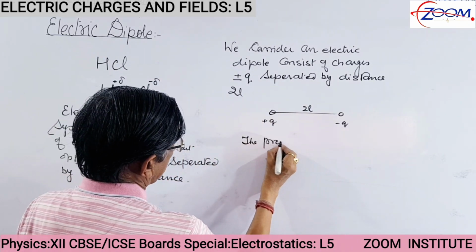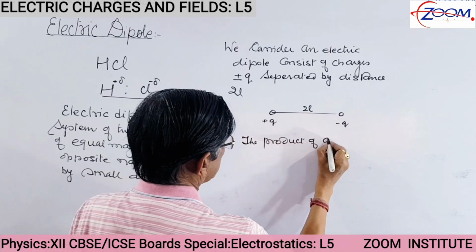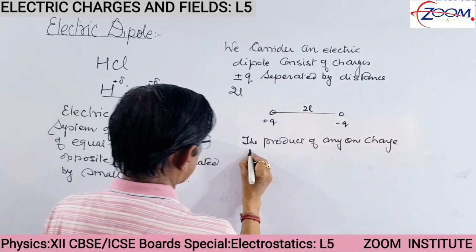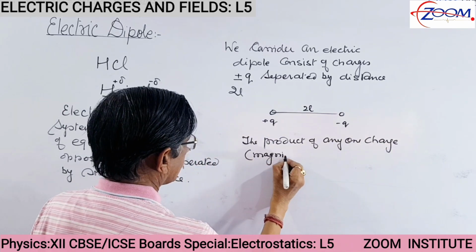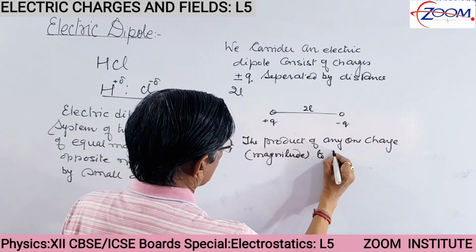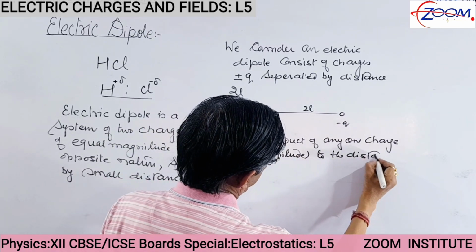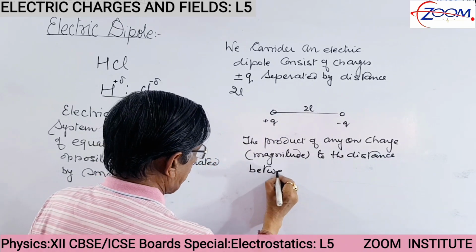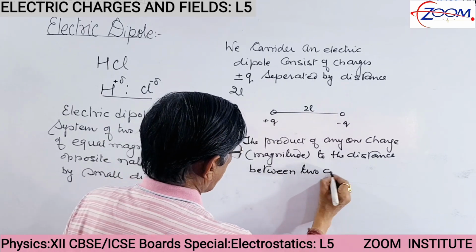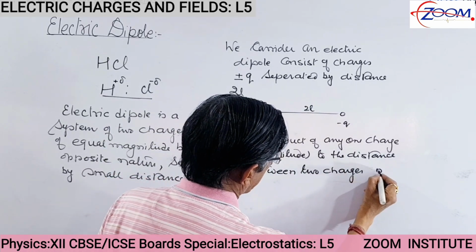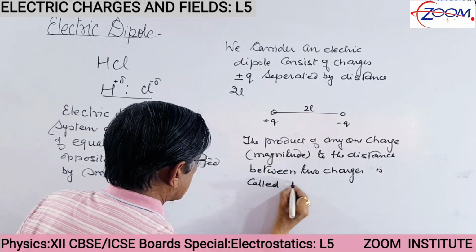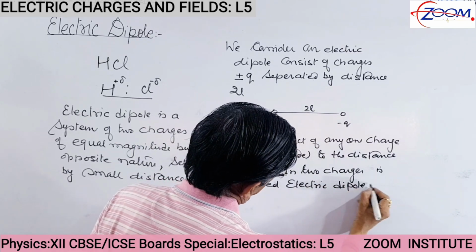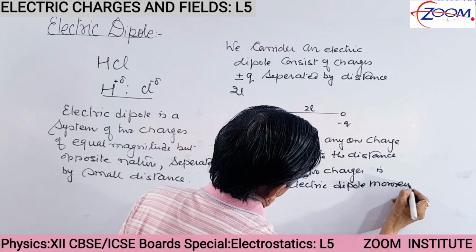The product of any one charge and the distance between the two charges is called electric dipole moment.